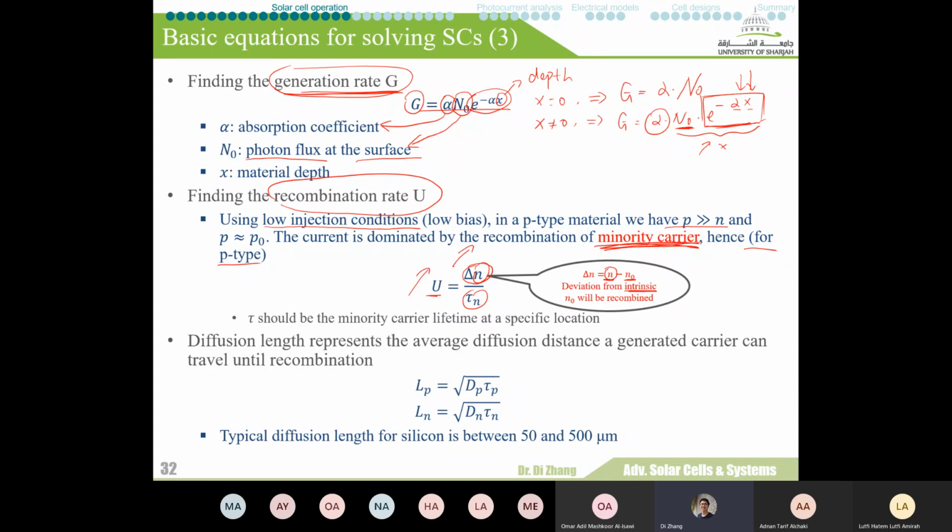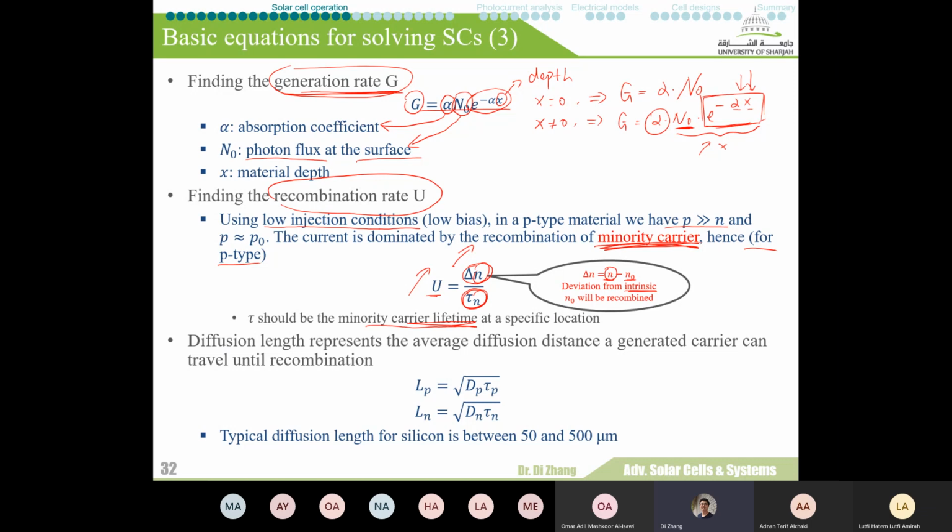Down here we have the letter tau. What is the meaning of tau here? Tau is the minority carrier lifetime. It has a unit of time, and the lifetime basically means how long the electron can exist in this part before being recombined, before its disappearance.